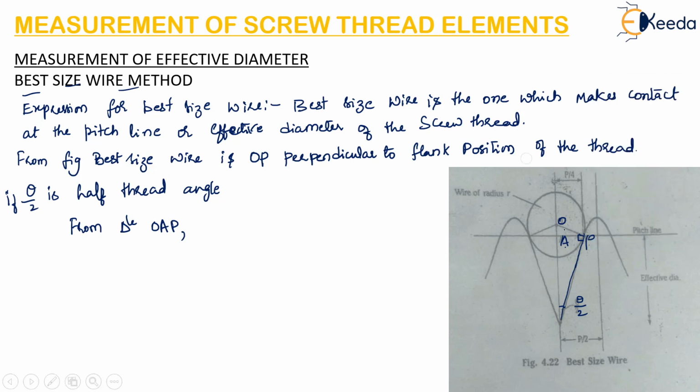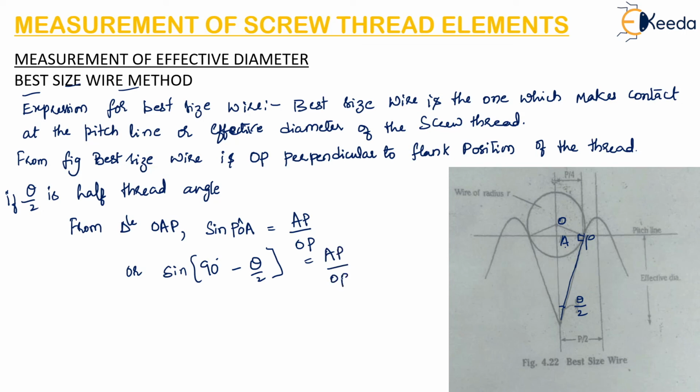As they are perpendicular to each other, sine of 90 degrees minus theta by 2 can be written as AP by OP.